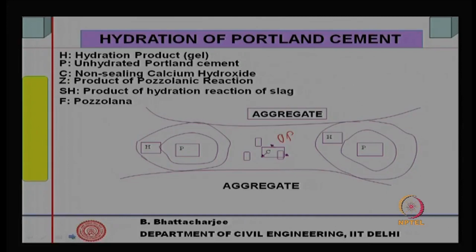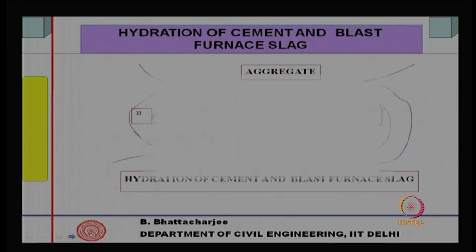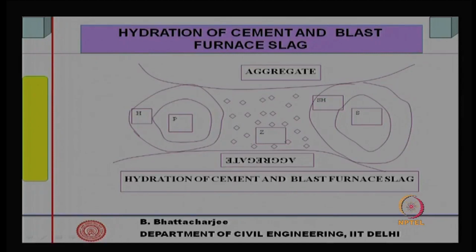This will fill in gradually as much of the voids as it can. But if you look at reaction with slag, this is my Portland pozzolana cement and this is my slag. Slag, remember, has calcium oxide also. So, it has almost cement-like composition, only it has less calcium oxide.